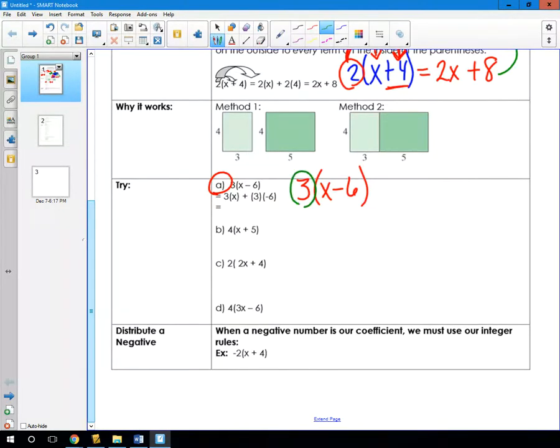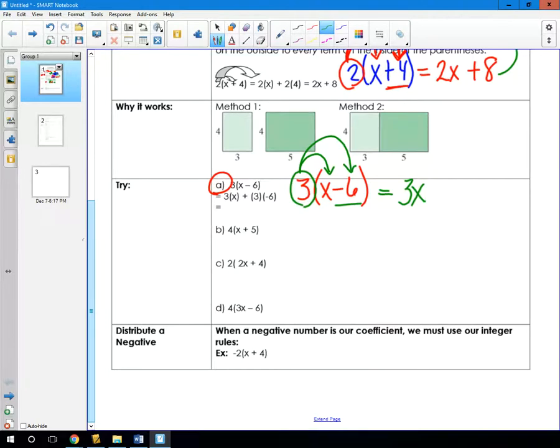I'm going to circle the 3 because that's what I'm wanting to multiply by. I'll always draw my arrows because that helps me remember that I've got to distribute to everything inside. So we're going to say 3 times x, and 3 times x is 3x. But this time, that's a minus 6, so we're going to treat that minus 6 like a negative 6.